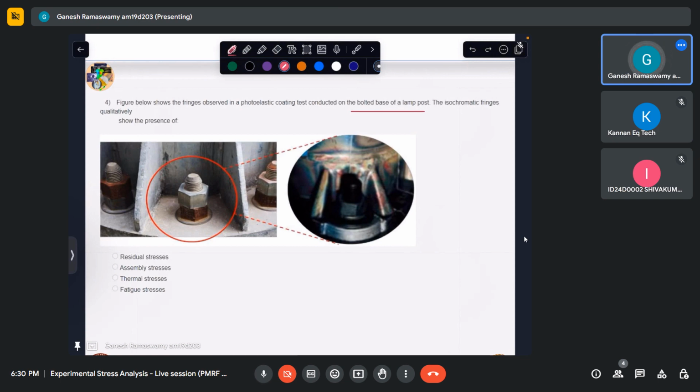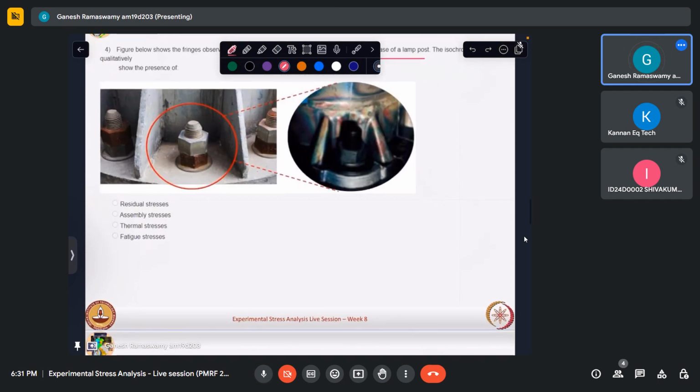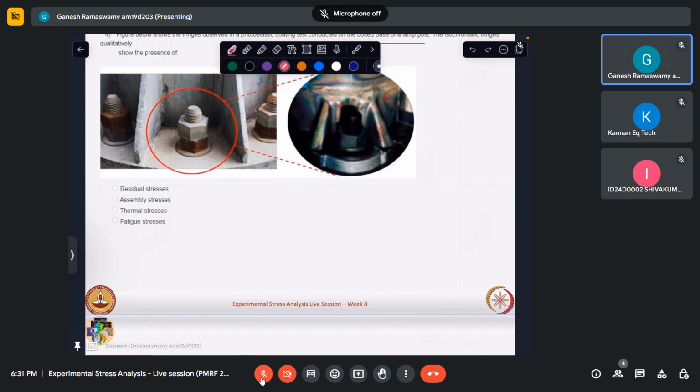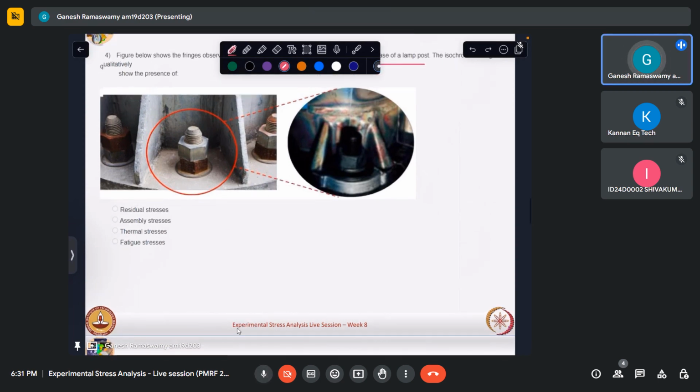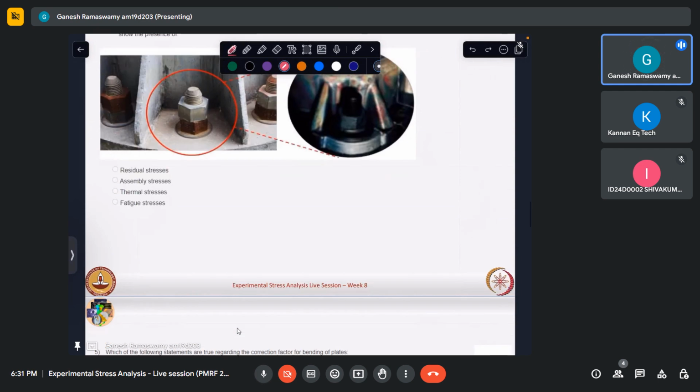So essentially, what has happened here is during the tightening process, the stresses have developed, which is basically the assemblage of the component.